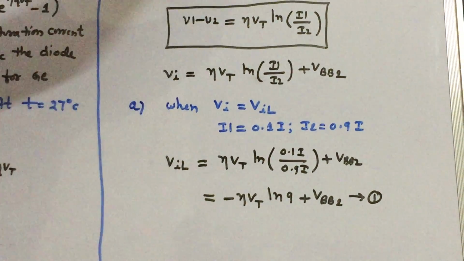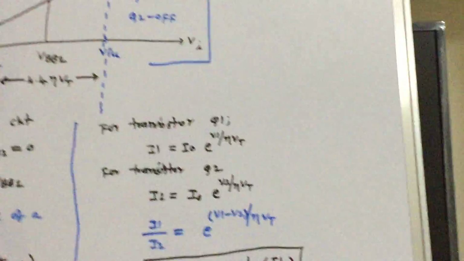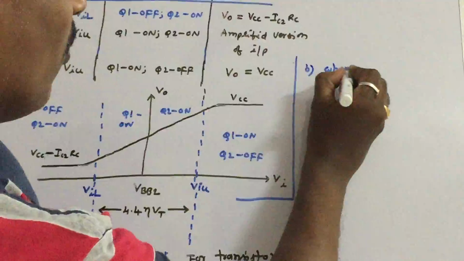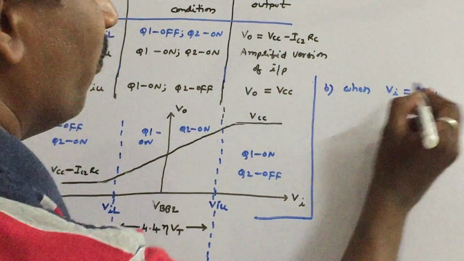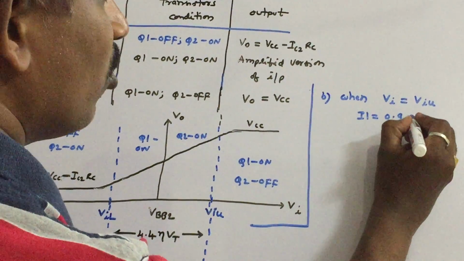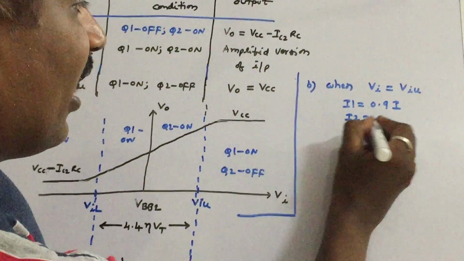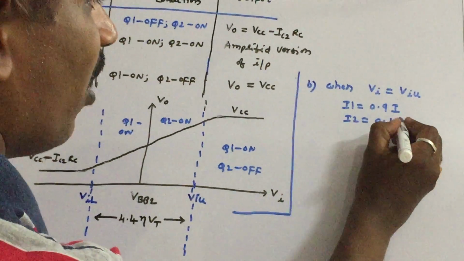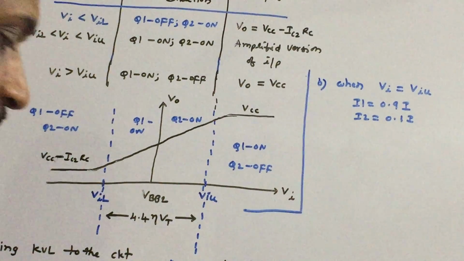Similarly, case B, when Vi is equal to the upper limit VIU. Under this case, the current will be very high through transistor Q1, and the current I2 in transistor Q2 will become very small, such that I1 plus I2 is always equal to I. Let us substitute in this equation.